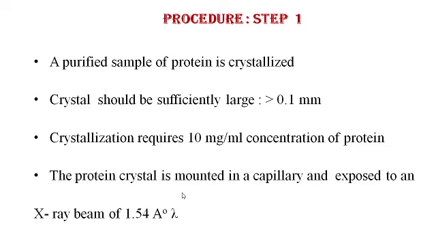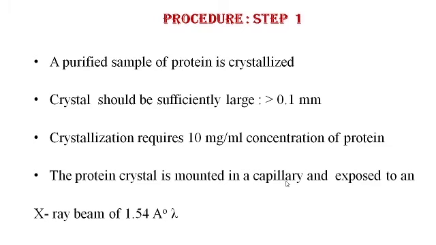The protein crystal is then mounted in a capillary and is exposed to a beam of X-rays having a wavelength of 1.54 angstrom units. The range of wavelength which constitutes the X-rays is around 10 raised to minus 8 meters to 10 raised to minus 11 meters, and these are shorter than the rays of visible light.